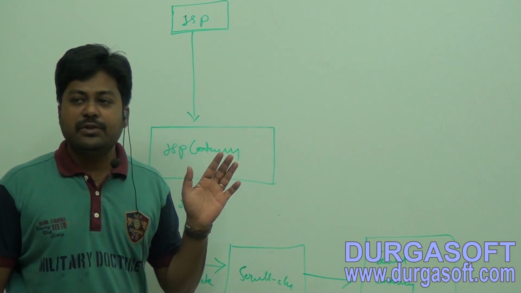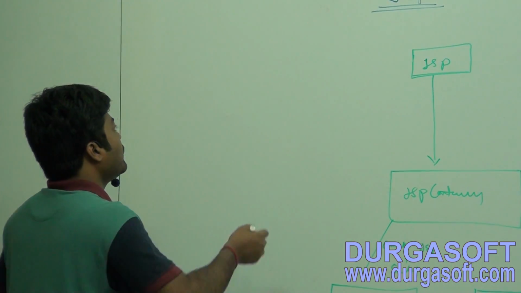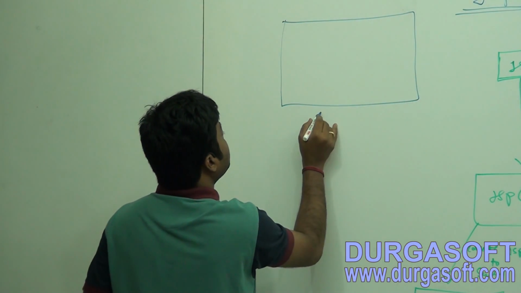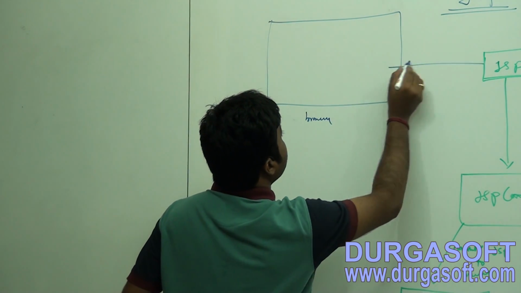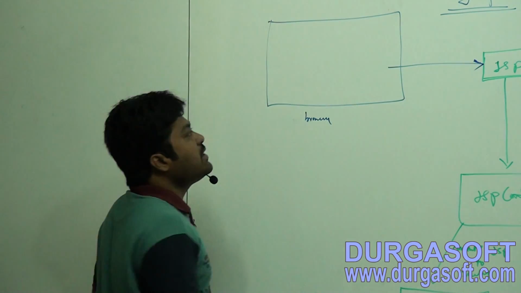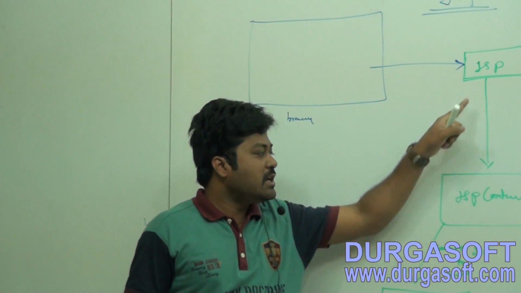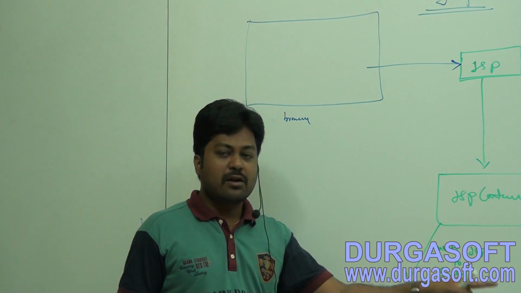How many times will it do this process? At the time of first loading, as a user from your browser machine, if you request this JSP page for the first time, that JSP page will load into the JSP container. Then the JSP container will do this job.